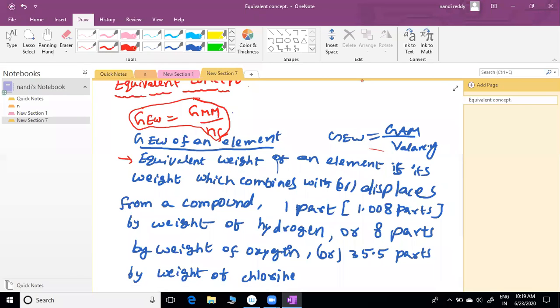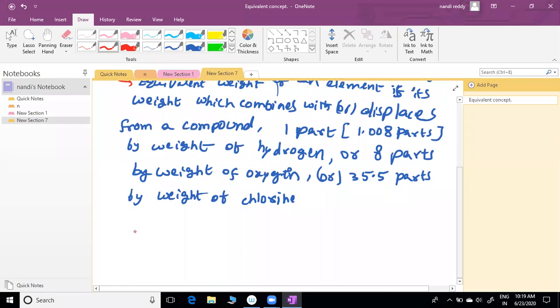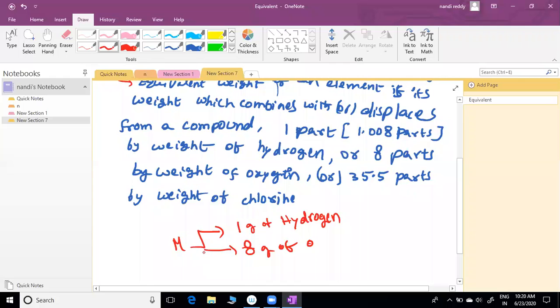Now we are going to apply the definition, sir. What does equivalent weight mean? Suppose any element M reacts with or displaces 1 gram of hydrogen, or 8 grams of oxygen, or 35.5 grams of chlorine.